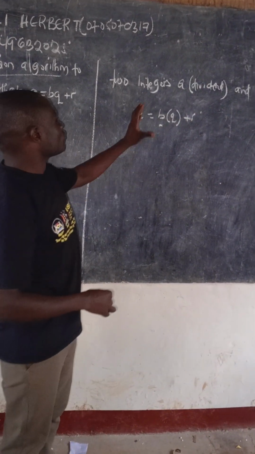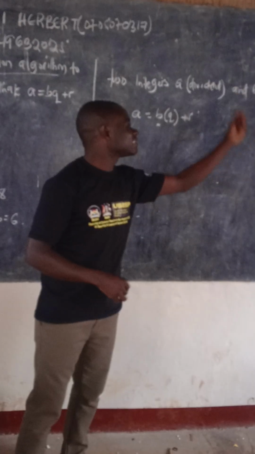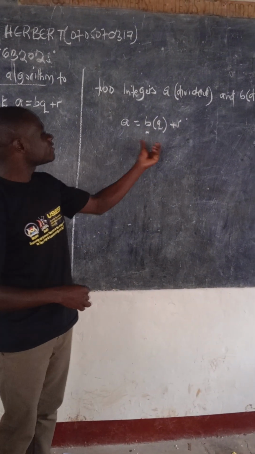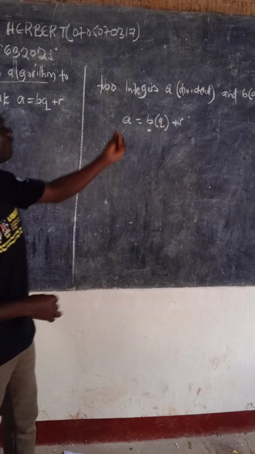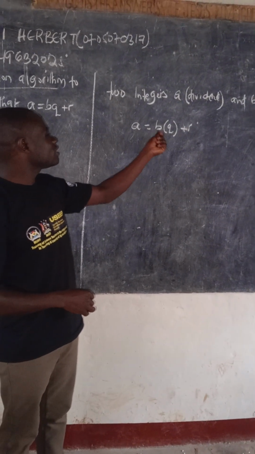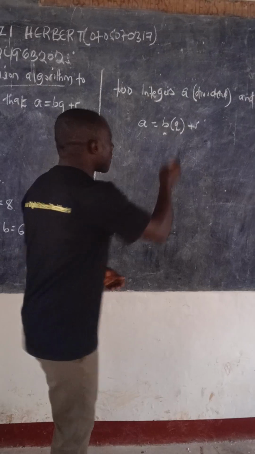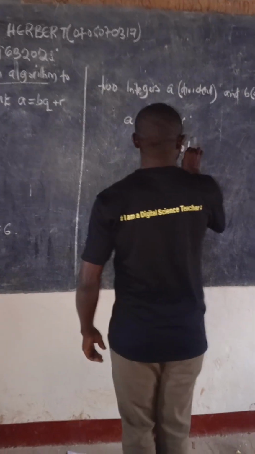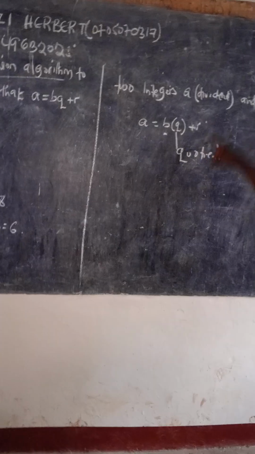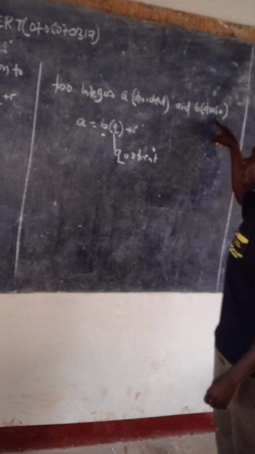For us, we have two integers, A and B. Now, we are bringing this expression, A equals B into Q plus R, where Q is the quotient, the number you get after dividing the dividend by the divisor.